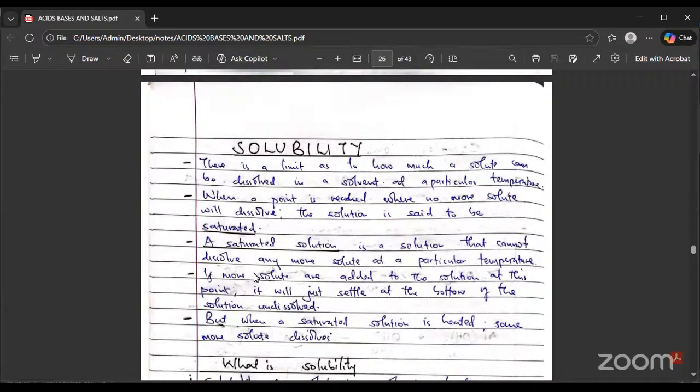We didn't go to sodium chloride, but we said all chlorides are soluble except this and this. All sulfates are soluble except this and this. All nitrates are soluble. All carbonates are insoluble. Those were the universal names of a salt.